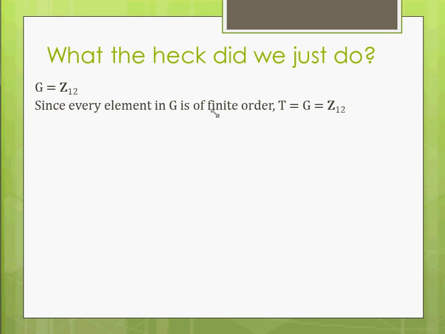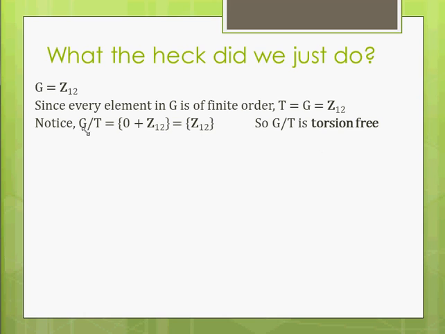Well, since every element in Z12 is a finite order, then the torsion subgroup is itself G. So it's Z12. And so then notice that G mod T in this case is just the set containing Z12. It's a set of sets. Factor groups are sets of sets. And in this case, it just contains one set.